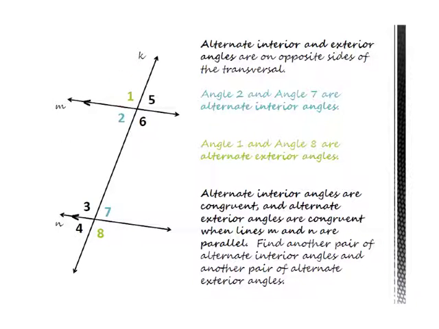So angle 1 and angle 8 are alternate exterior angles. Alternate interior and alternate exterior angles are congruent when your lines are parallel. Angle 5 and angle 4 are another pair of alternate exterior angles. Angle 6 and angle 3 are another pair of alternate interior angles.